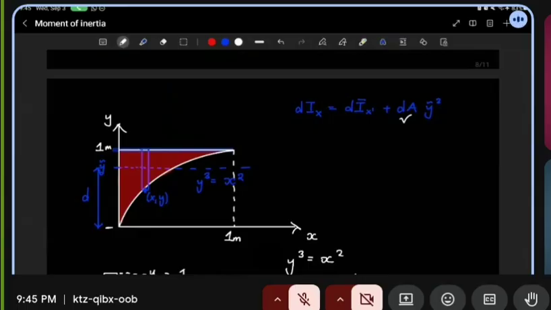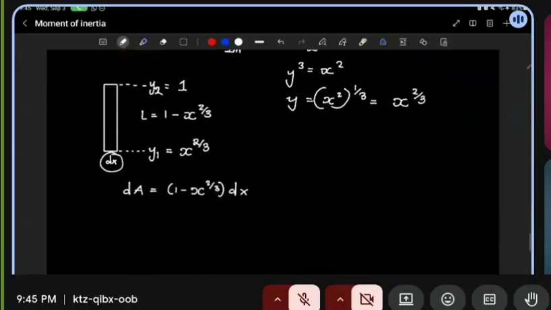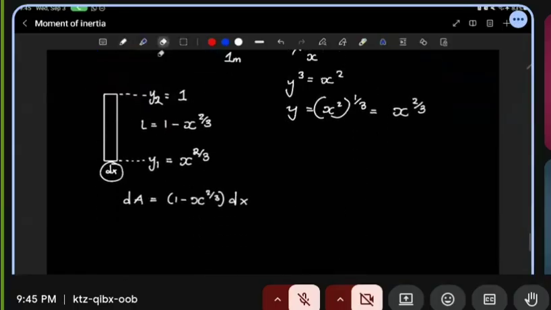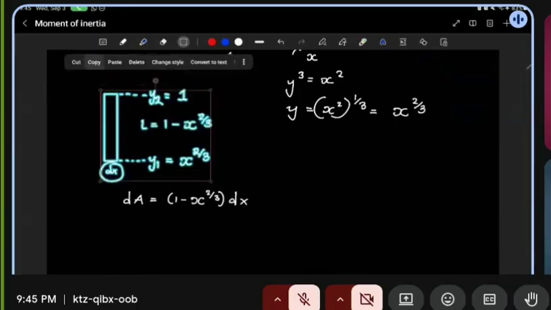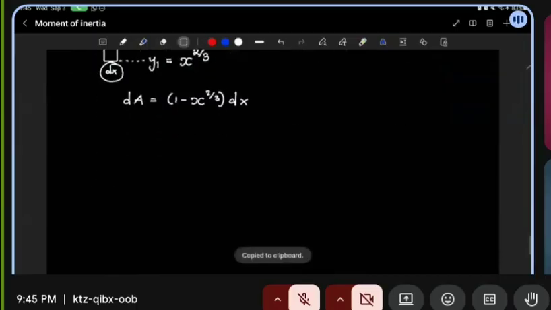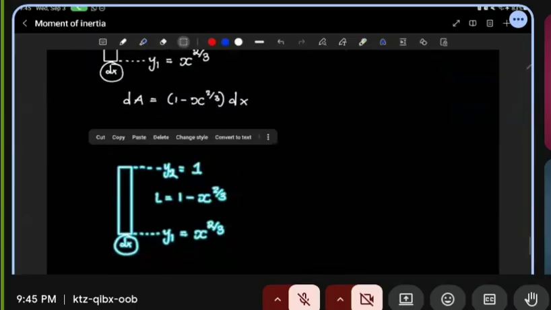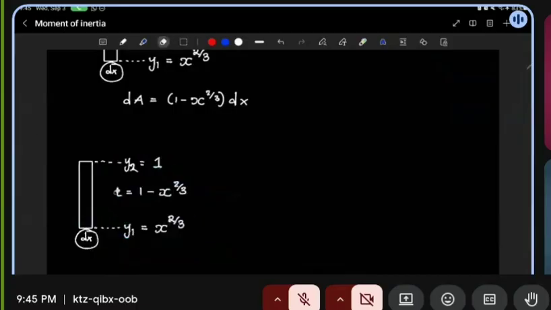So we need to find the expression for y tilde. So how do we get y tilde? It's the same rectangle, but this time around, we will not get the difference to get the height. We're looking for the midpoint of that rectangle, since that is where y tilde is.